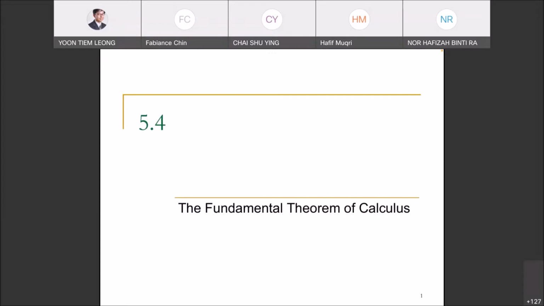Then in topic 5, we learned about area or the Riemann sum, which just calculates the area under the function. So what is the relationship between the area under the function and the derivative? The relationship is provided by the fundamental theorem of calculus.